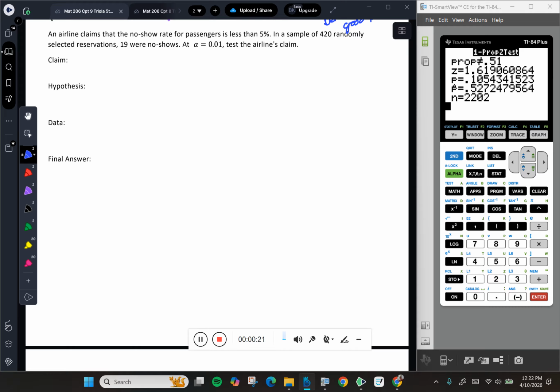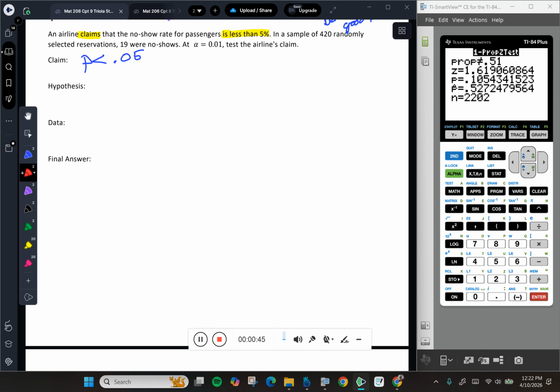Okay, let's get started. An airline claims that the no-show rate for passengers is less than 5%. So there's my claim. I have a population proportion with a claim of it being less than 0.05. That's going to help me set up my hypotheses.